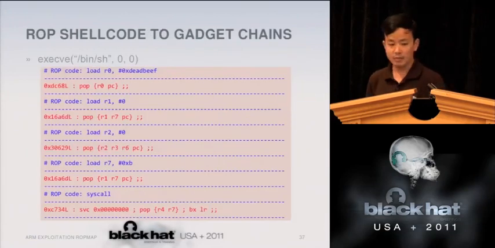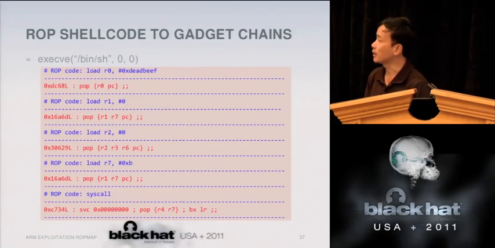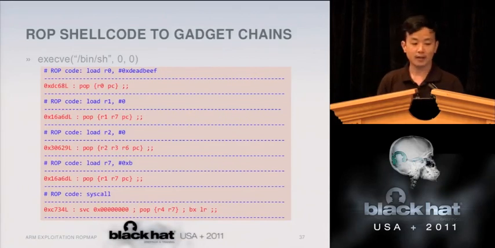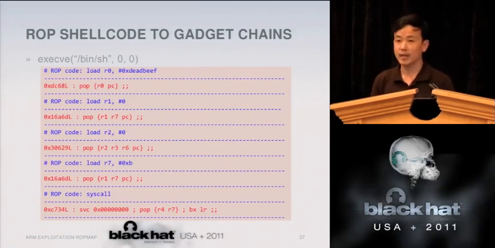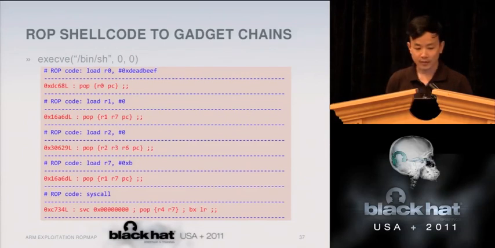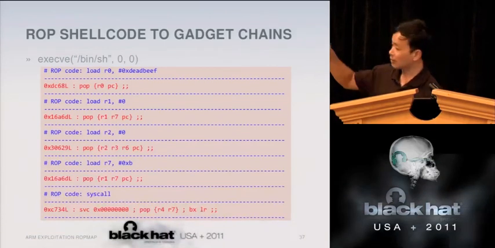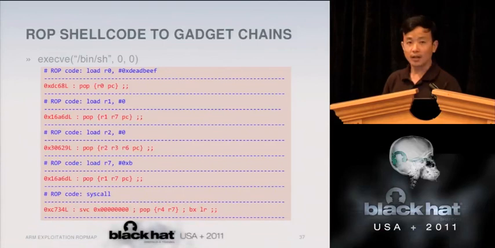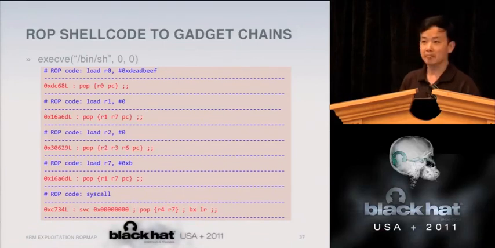here an example of ROP shellcode to the gadget chain. Here we have the ROP shellcode for execv /bin/sh. So ROP code load R0 is equivalent to pop R0, PC. Load R1 is pop R1.